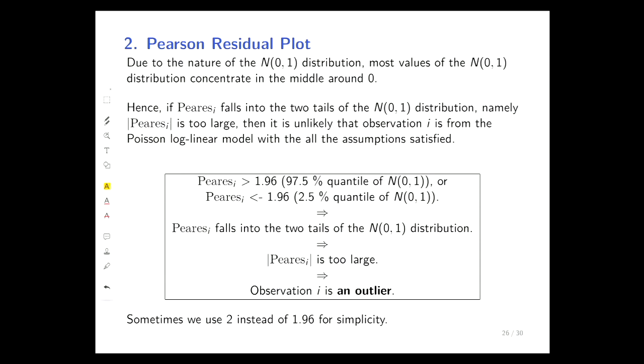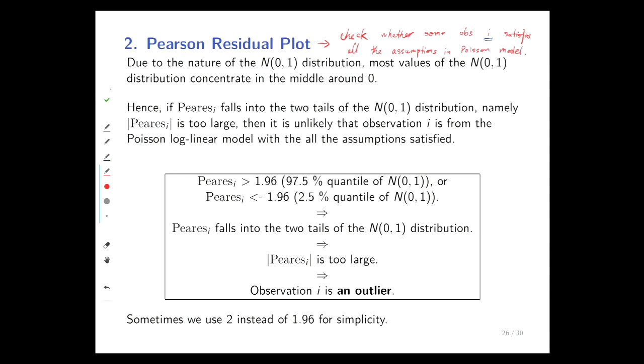So here, this Pearson residual plot is used to check whether some observation i satisfies all the assumptions in the Poisson model.